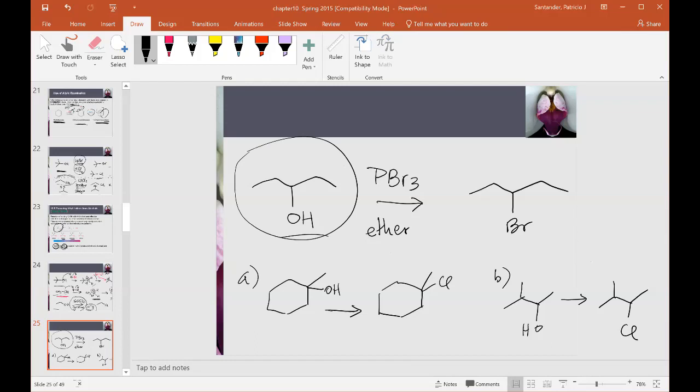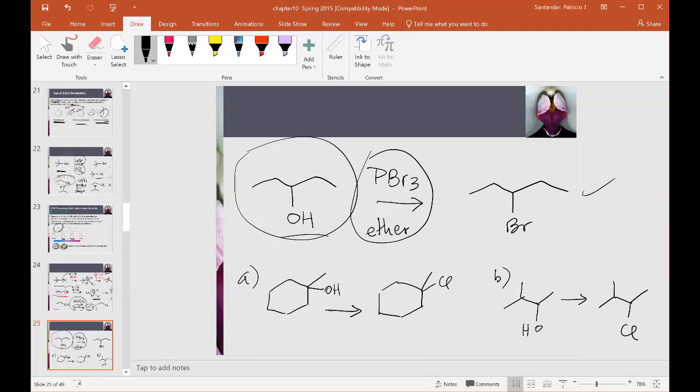So this is 3-pentanol, right? 3-pentanol. I cannot use HBr because if I was using HBr, when the water molecule leaves, it will form a secondary carbocation, and secondary carbocations are not very stable. That is the reason why we use PBr3 instead.